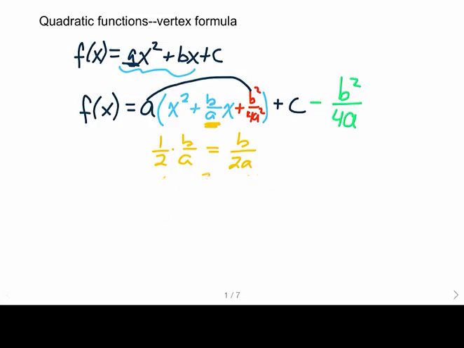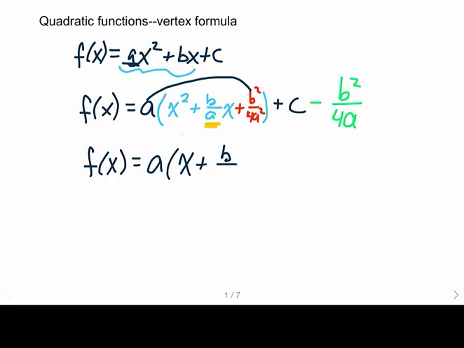Let me clear away the computations we just had and rewrite what we have. We now have f(x) = a times the quantity (x + b/2a)², plus c minus b² over 4a. Just review your completing the square stuff, if that was a little obscure. I'm not really going to deal with the constant part because my focus is on what's inside the parentheses.